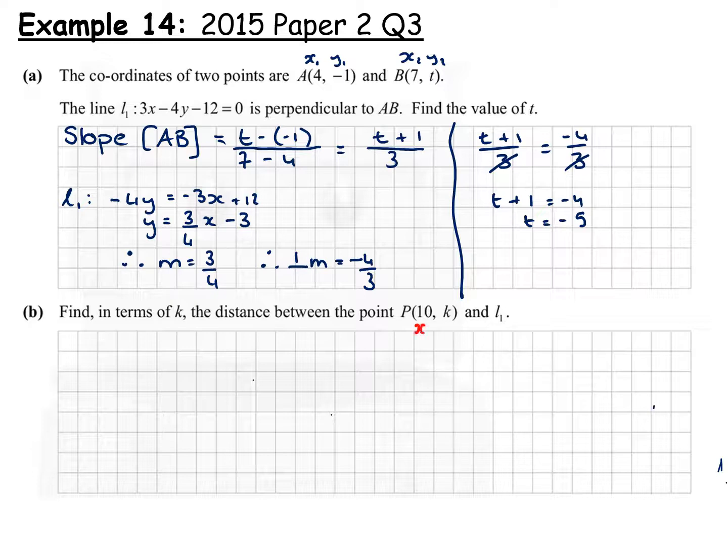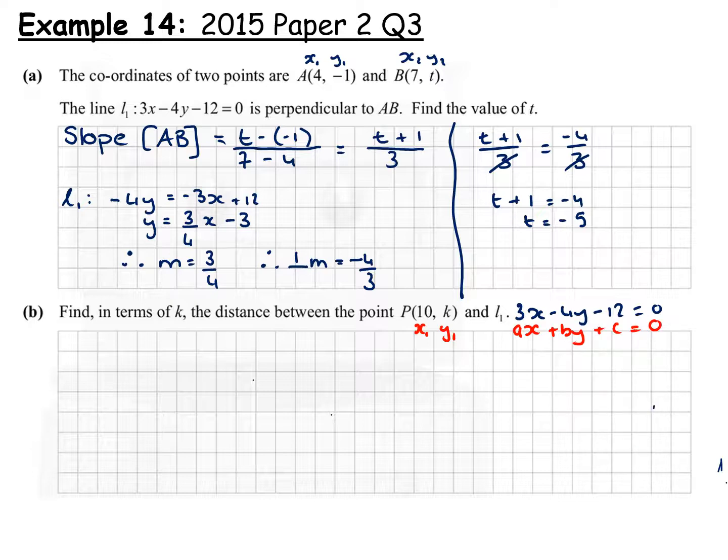Next: find in terms of k the distance between the point P and L1. So we have x1, y1. The line L1 is 3x minus 4y minus 12 equals 0, given as ax plus by plus c equals 0.